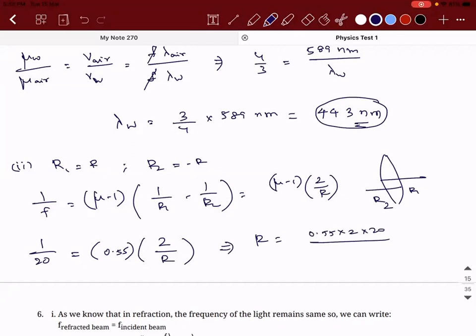That's it. So that is going to be 5.5 into 2, 11. 11 into 20 is 220 centimeter. Am I right? So it is 1.1, 1.1 is 2.2. Sorry. It is going to be 22 centimeter. 220 centimeter is very big. So it is 22 centimeter.